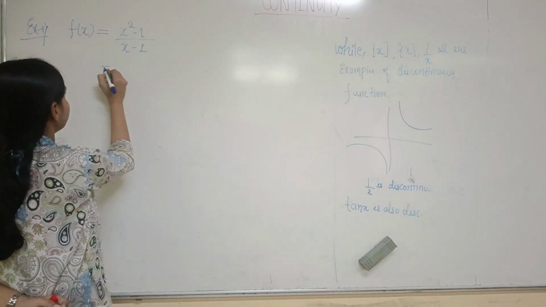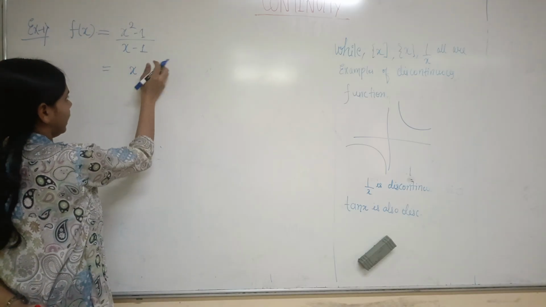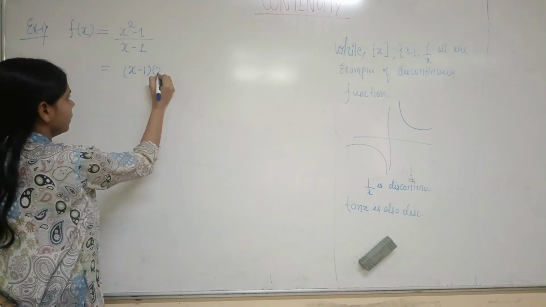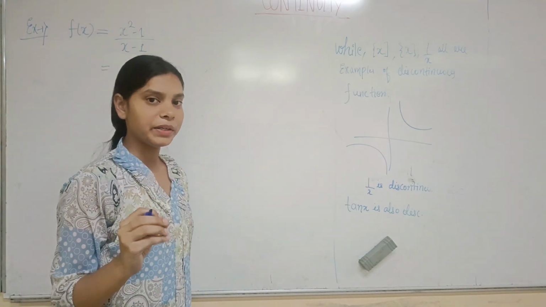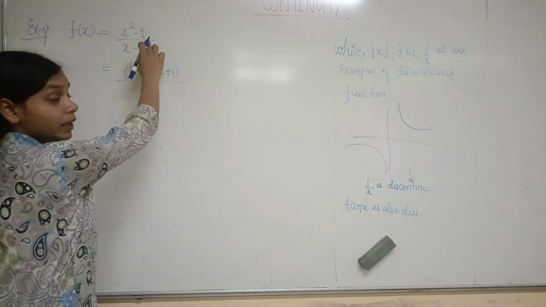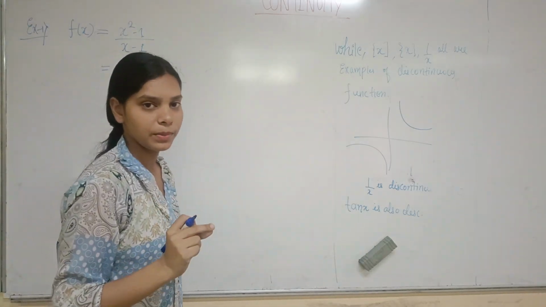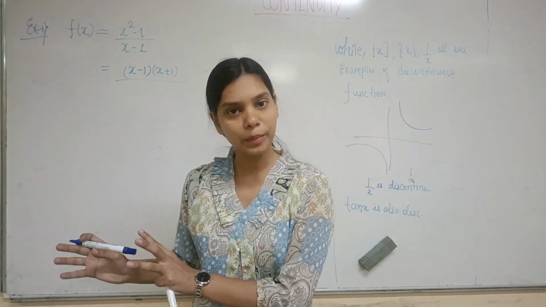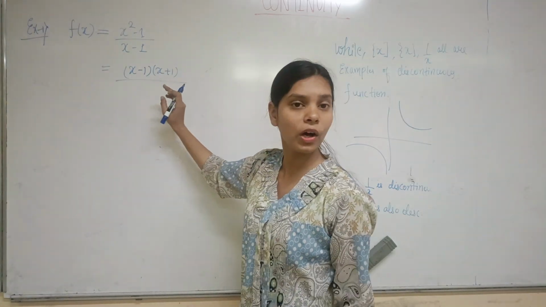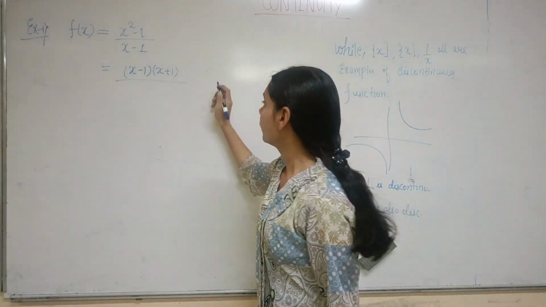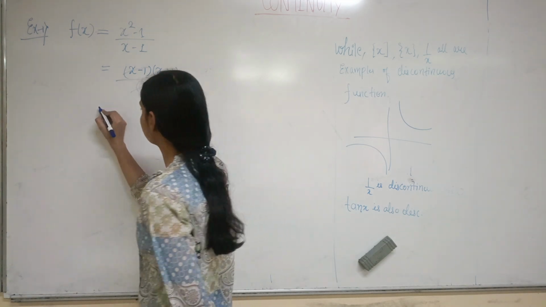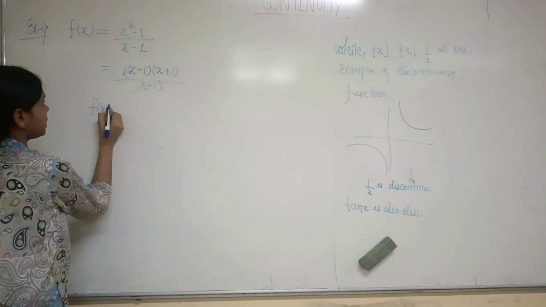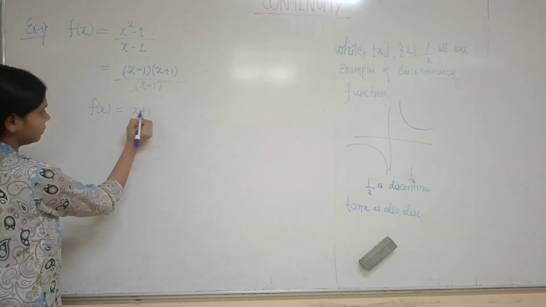After simplifying the given function, we can obtain (x minus 1)(x plus 1) upon (x minus 1). Recall chapter number 1, elementary mathematics, right? This is a very important formula of a square minus b square, which is (a plus b) and (a minus b). So here we use the formula of a square minus b square, right? Now x minus 1 cancels, f(x) is equal to x plus 1.